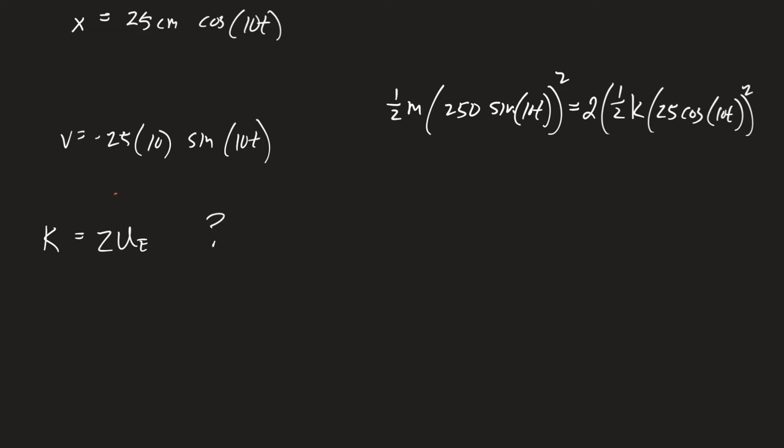So, k, let's handle these little pieces here. We know that this represents our x naught, whatever our initial displacement was. But 10 is omega, which is the square root of k over m. Correct? So we know that equals 10.